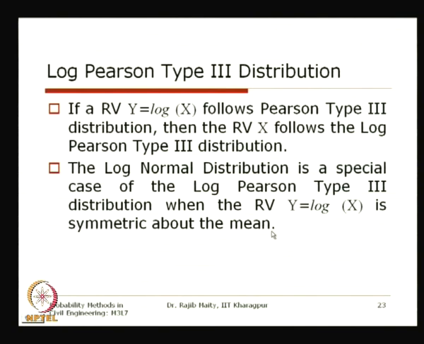We know that for the log normal distribution, after taking the log, it becomes symmetric. So when y, after taking the log of x, is symmetric about the mean, that is a special case of the log Pearson type 3 distribution, which is the log normal distribution.